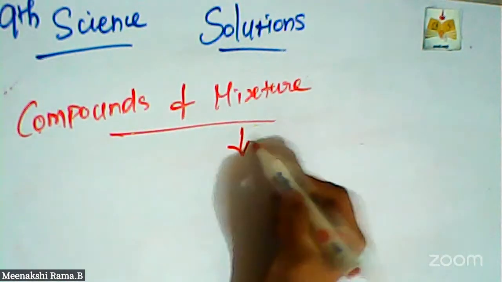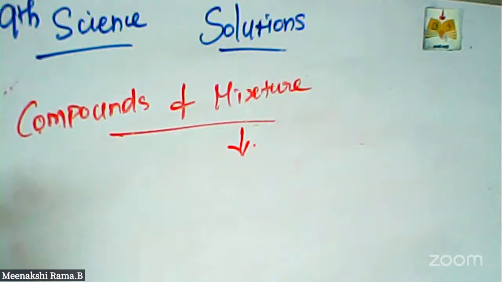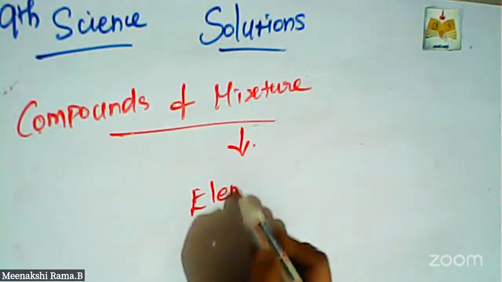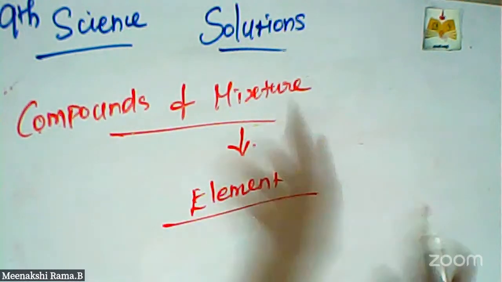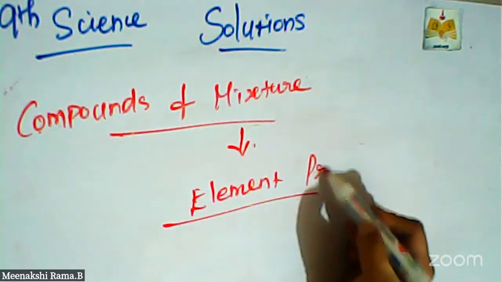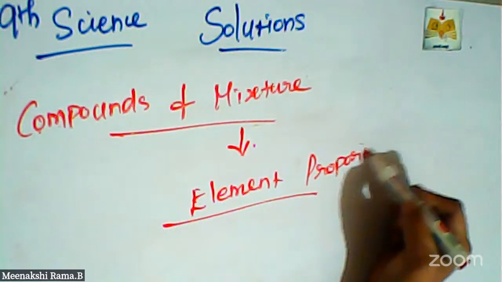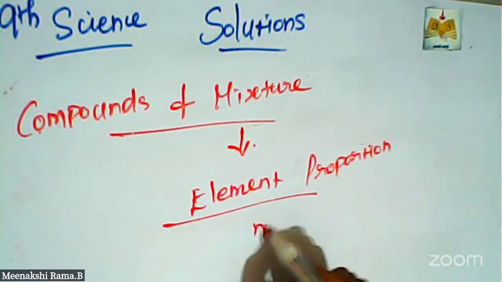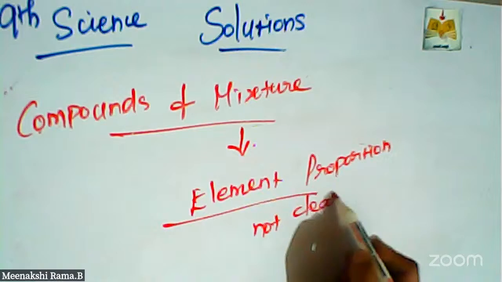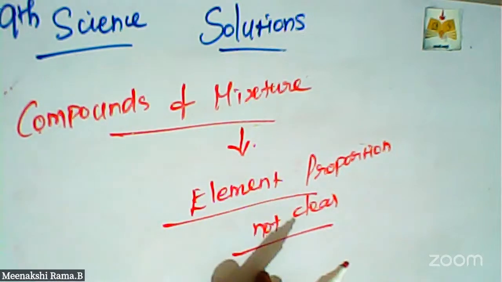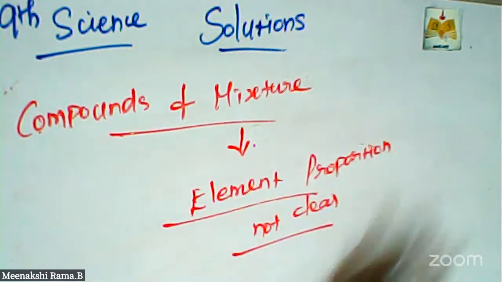Different kinds of elements are joined to form one mixture. The element proportion is not clear. So this kind of joining is called a mixture.